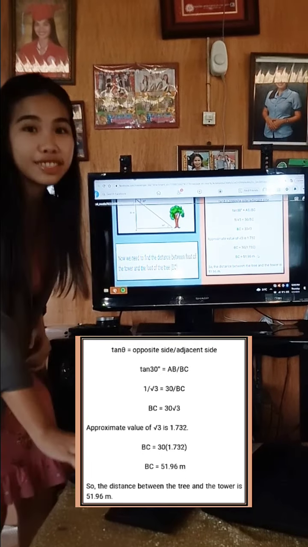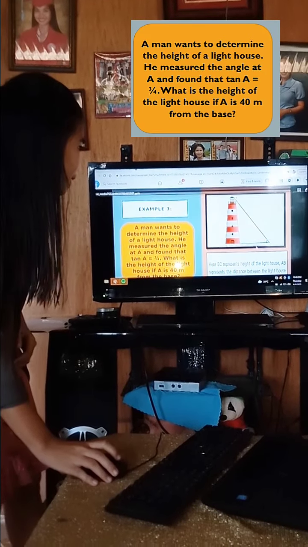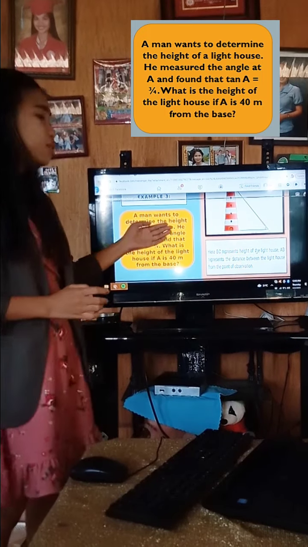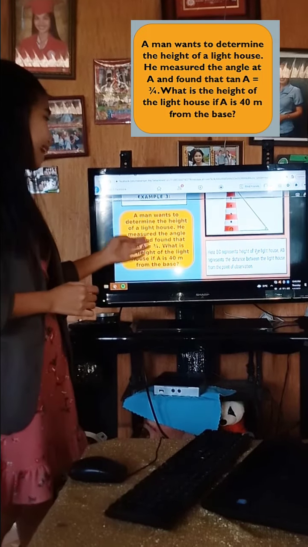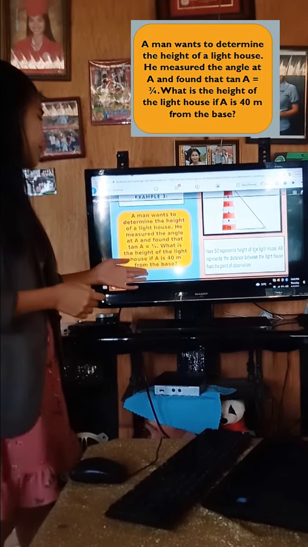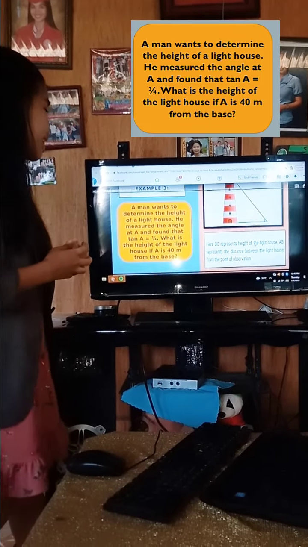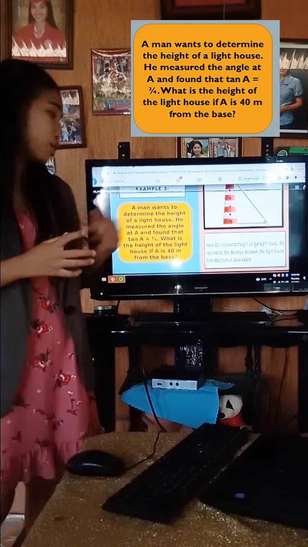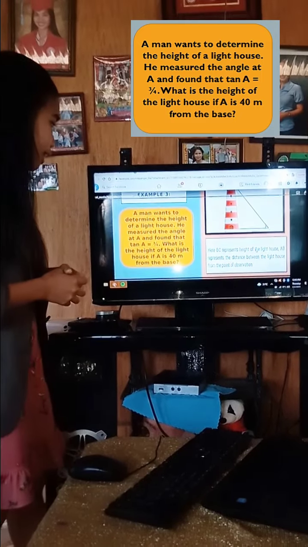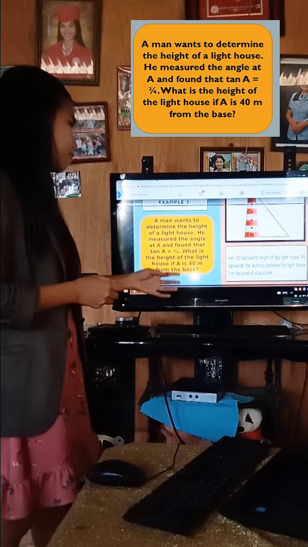So let's proceed to the third example. The problem is: a man wants to determine the height of a lighthouse. He measured the angle at A and found that tangent A is equal to 3/4. What is the height of the lighthouse if A is 40 meters from the base?